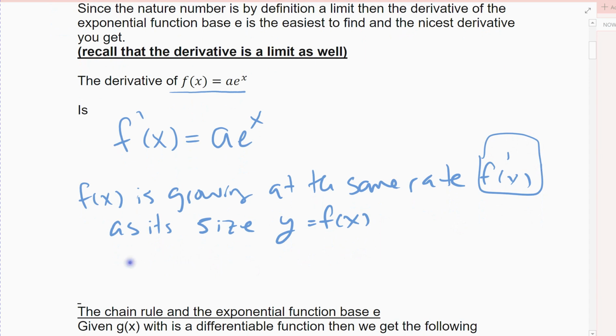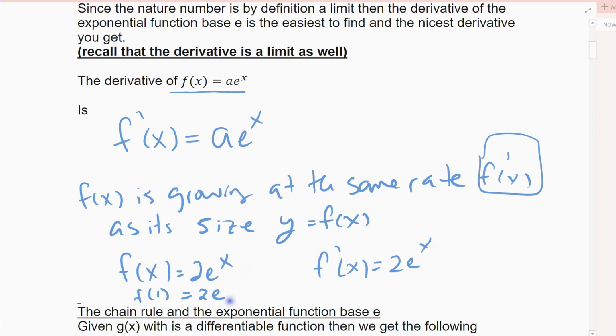So if I just do a simple example, f of x is 2e to the x. The derivative itself is 2e to the x. So at 1, it's 2e. That's the size. Whatever this model represents, it's 2 times the e value. It's growing at a rate of also 2e.